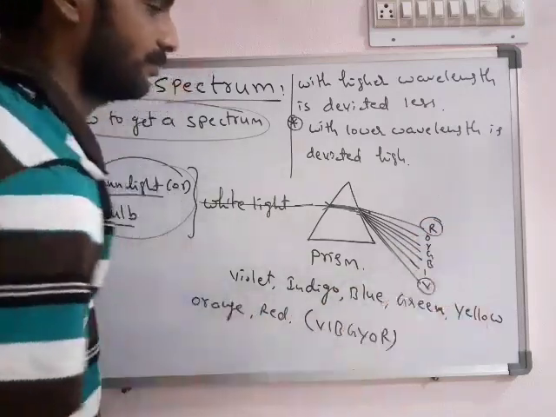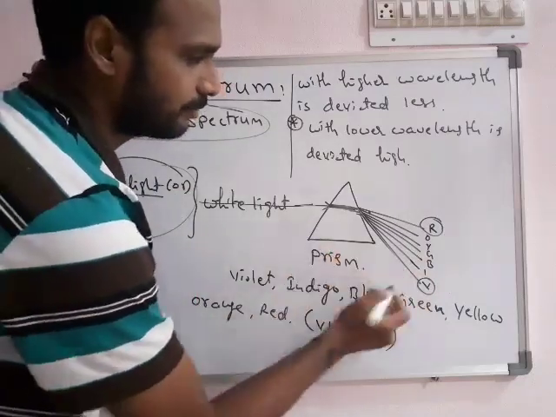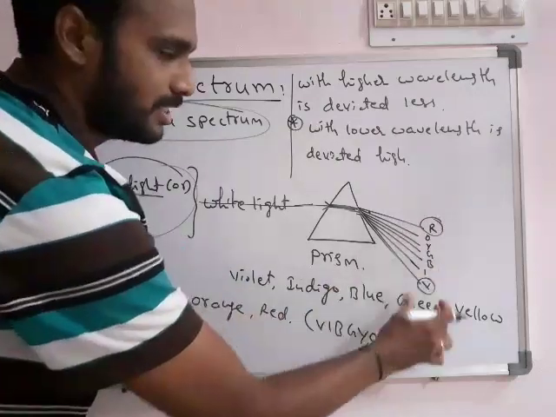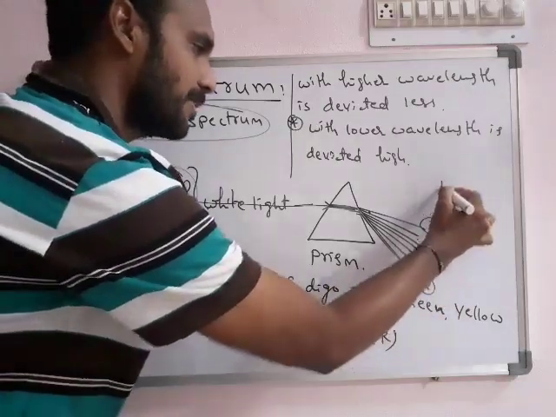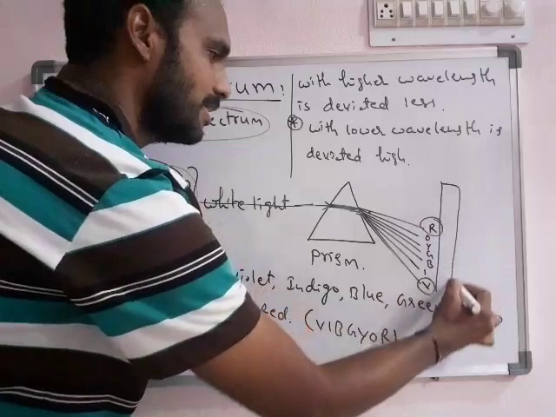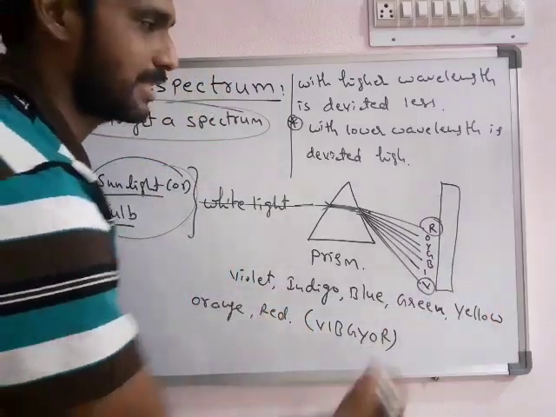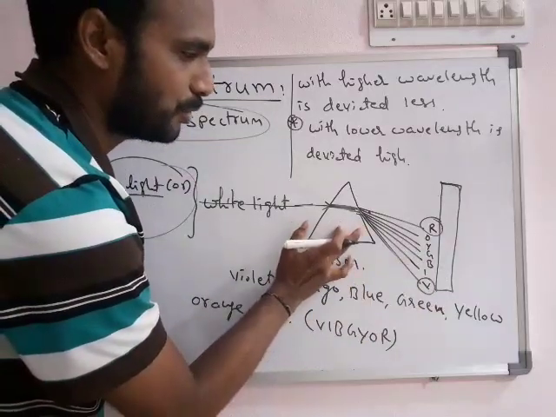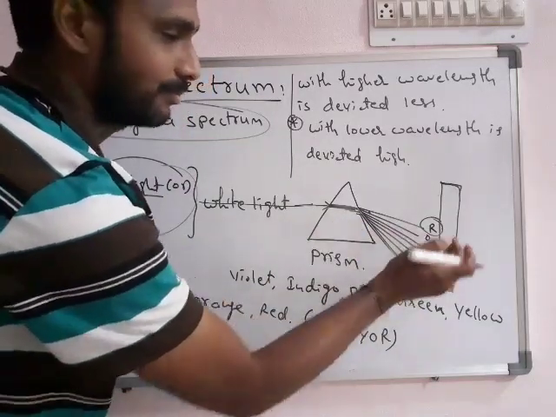Okay. So to observe these colors we can't directly observe them. To observe this picture, there is an arrangement called a photographic plate. The arrangement is present to capture, nothing but to record, that picture.